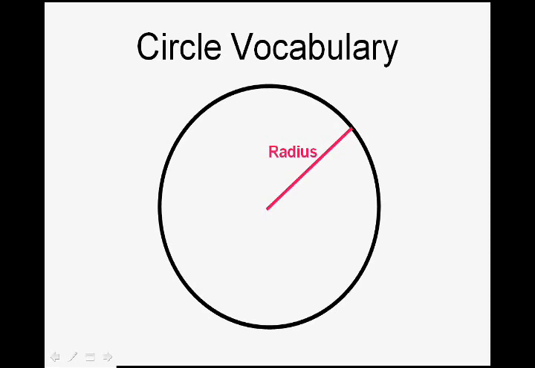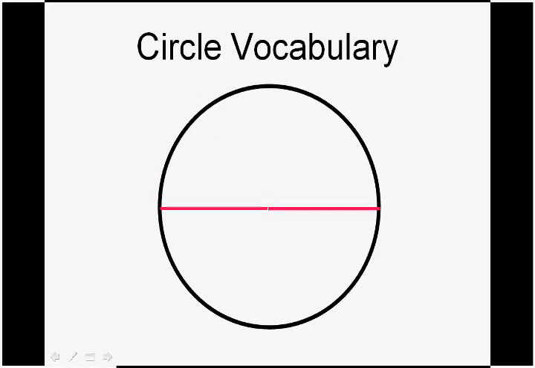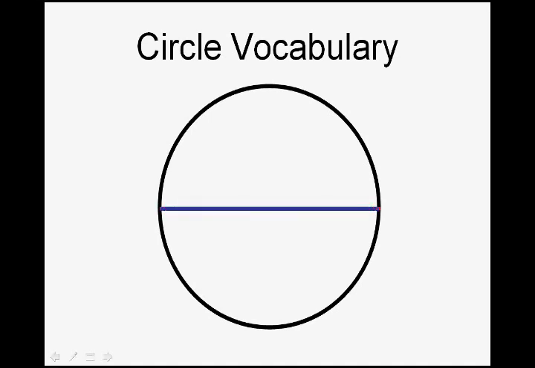Now, if we take a radius and put it next to another radius going in the exact opposite direction from the center, guess what we get? 2 radiuses? Well, you're right there, but we also get what's called the diameter of the circle. Okay, not a spoke of the wheel now. This one goes all the way across and goes through the center. The diameter of the circle.